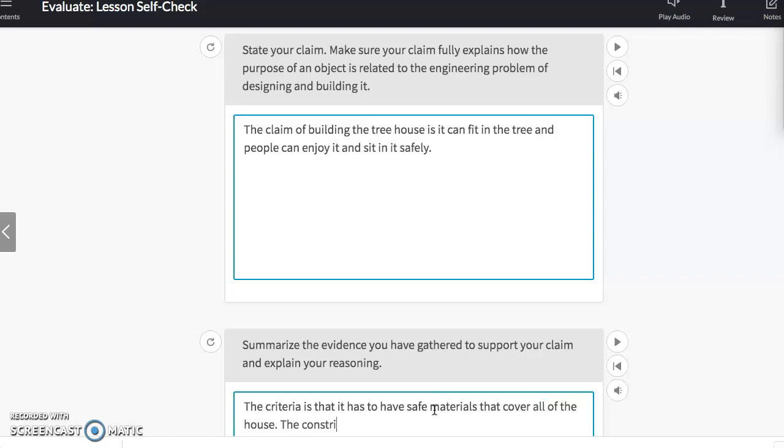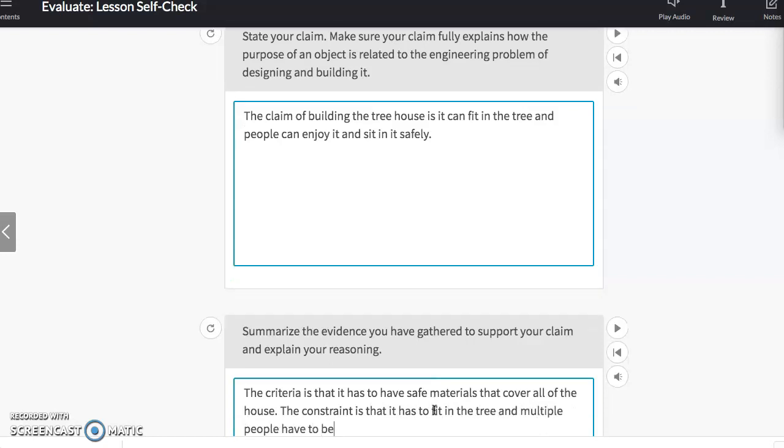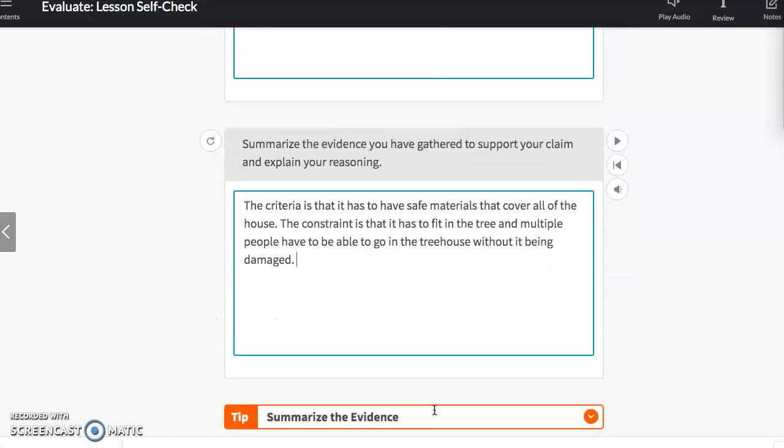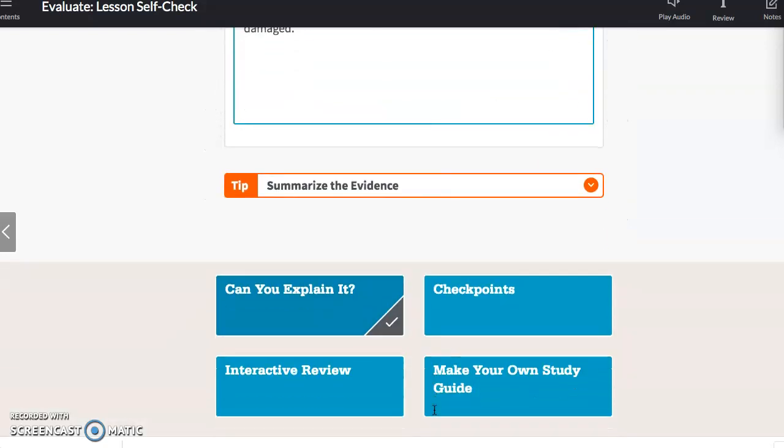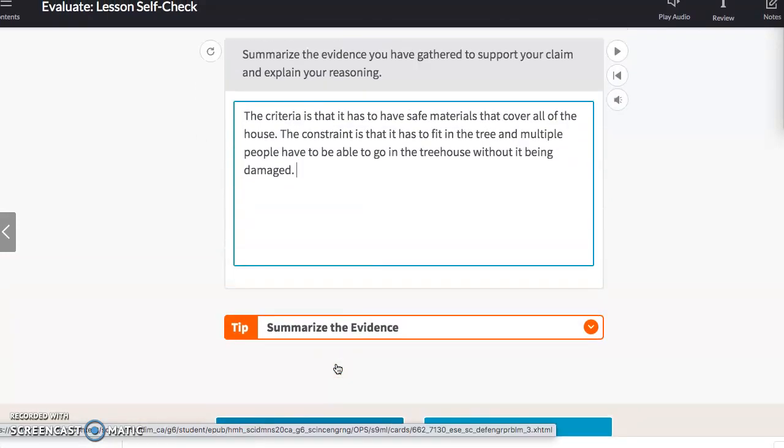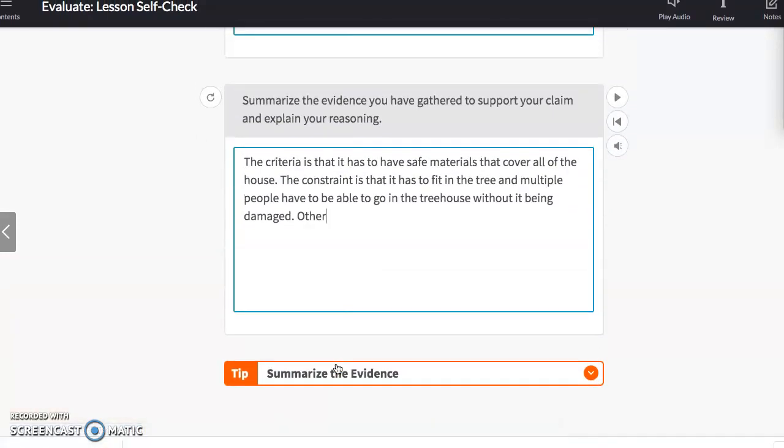The constraint is that it has to fit in the tree and multiple people have to be able to go in the treehouse without it being damaged. Alright. Otherwise, we have to explain our reasoning. So otherwise, it would not work as a treehouse.